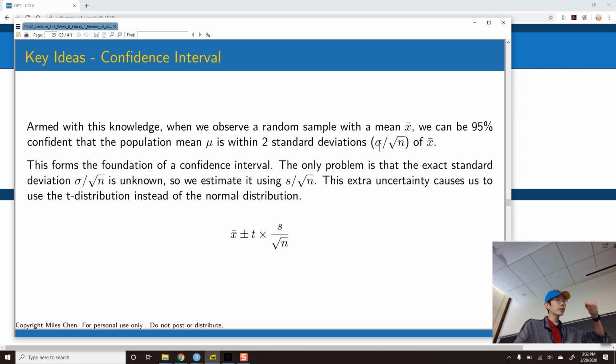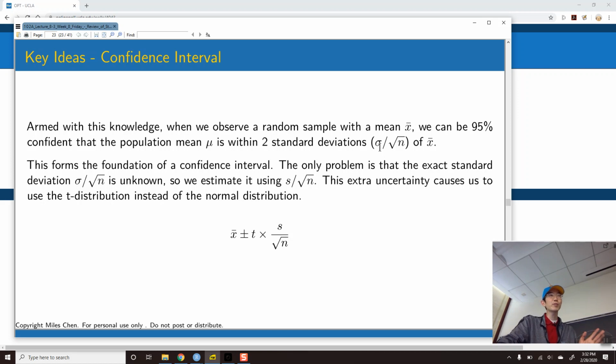The value of the population mean mu is a fixed value, at least from a frequentist perspective. In Bayesian statistics, probability is different. But from the frequentist perspective, the value mu is treated as fixed, and there's no uncertainty about it.